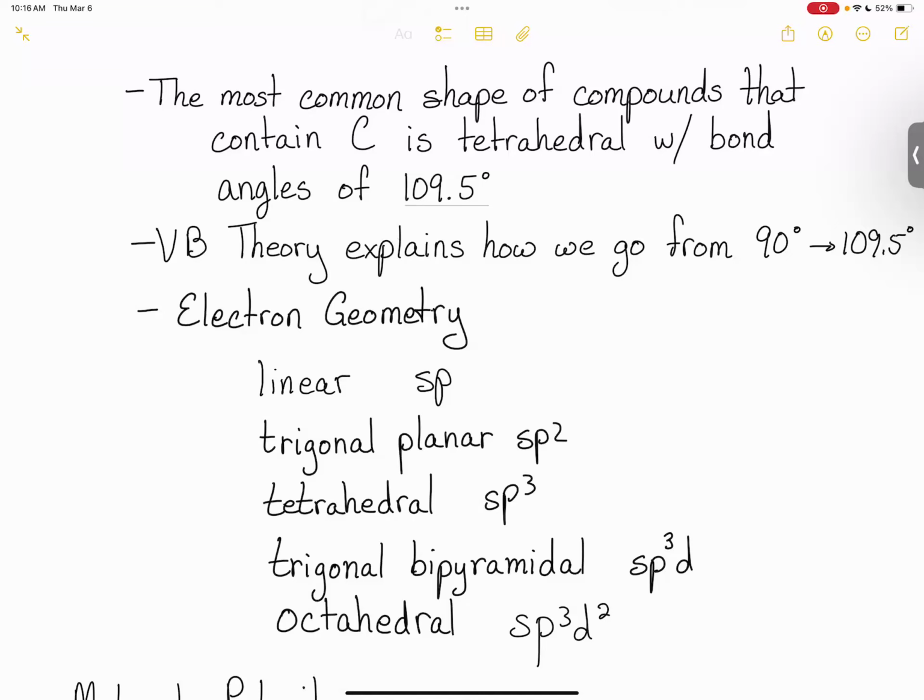So we wind up with hybridized orbitals that are a combination of our atomic orbitals. The number of atomic orbitals that combine is directly related to how many we need in order to obtain that shape.